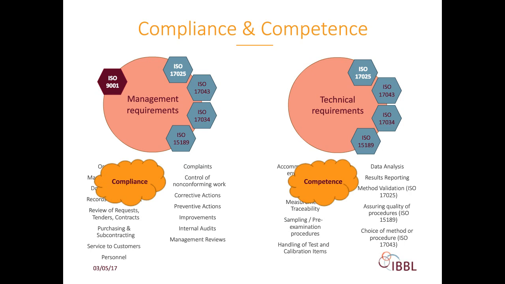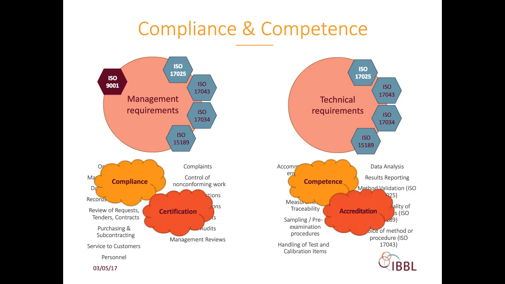You can see that technical requirements include method validation and assuring the quality of the procedures. The ISO standard 9001 contains only quality management but not technical requirements, and for this reason it is a certification standard, whereas ISO 17025 or ISO 15189 are accreditation standards.